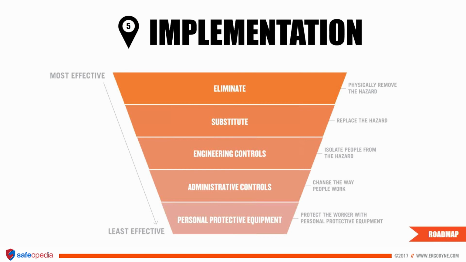And if I eliminate that, that's the best form of risk mitigation. Or the last and least effective is personal protective equipment, and that's just what most people are doing now. Everybody wears a hard hat and calls it a day, okay? What we're going to concentrate on is more of the engineering controls and administrative controls.